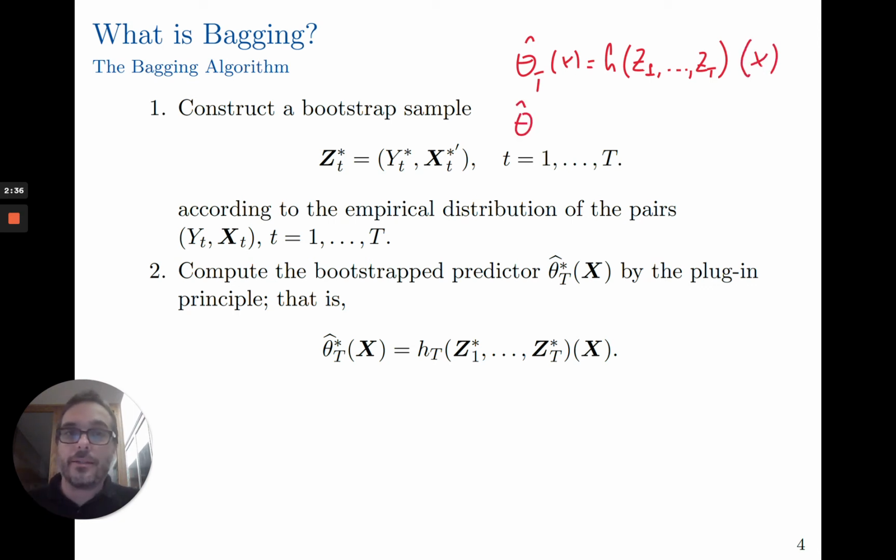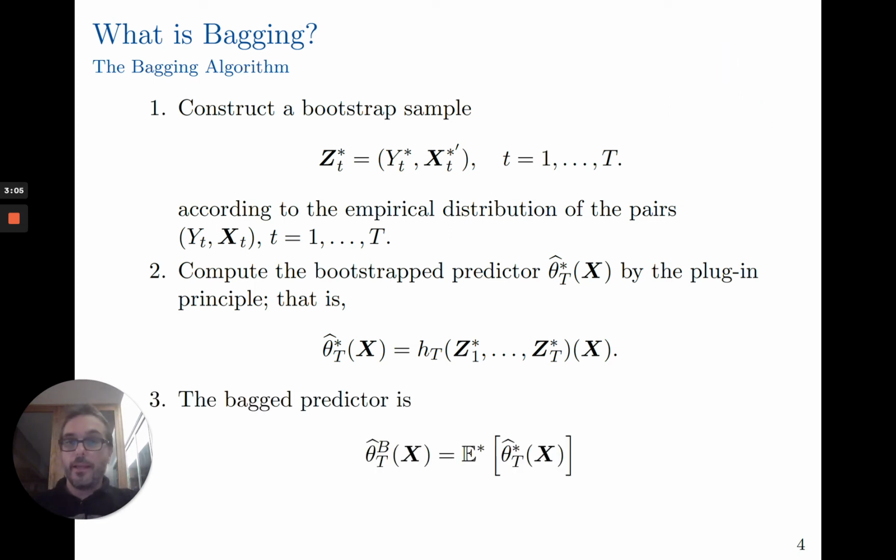The theta star will be a function of the bootstrap sample, of this new sample that we sampled from the original data with replacement. So we are going to estimate this function h with the bootstrap sample, but we are going to evaluate it at the point X. The bagged predictor will be the expected value, and here we use this notation E star.